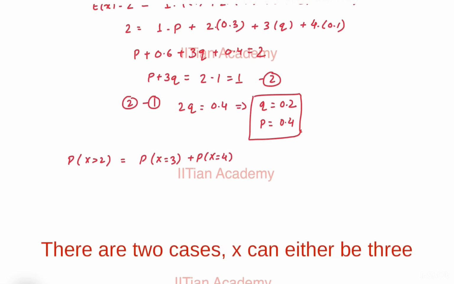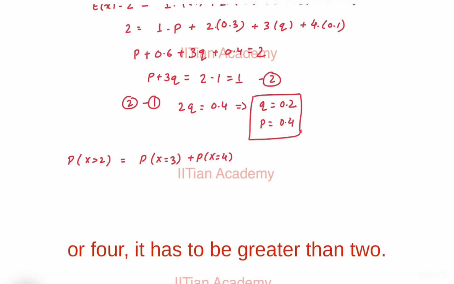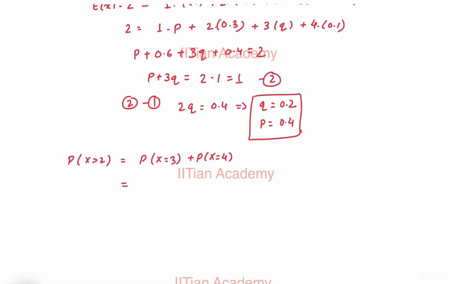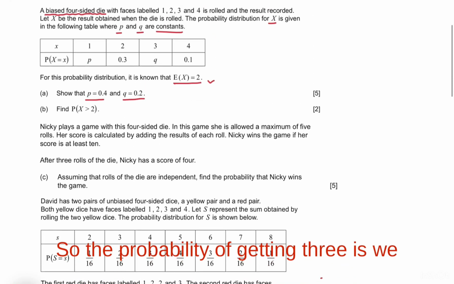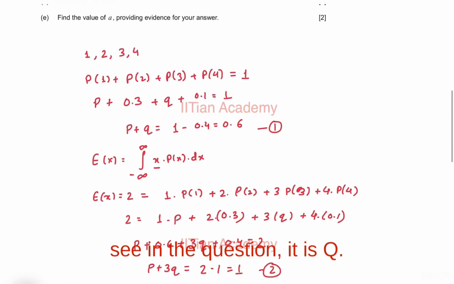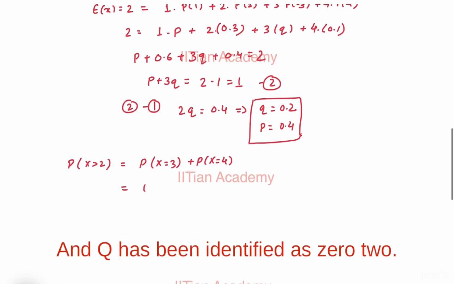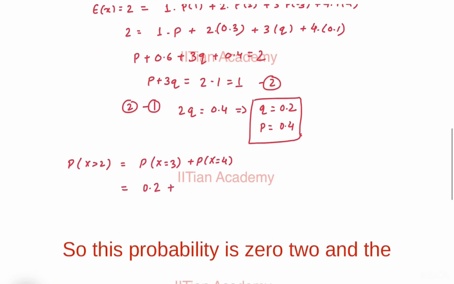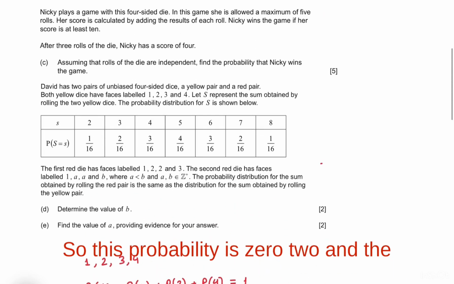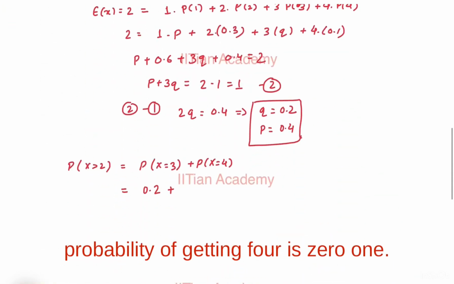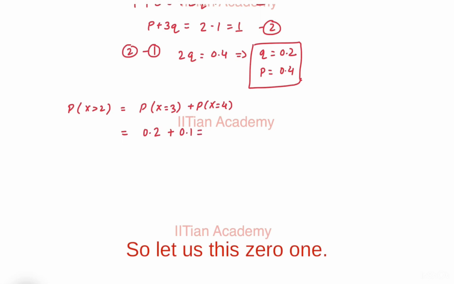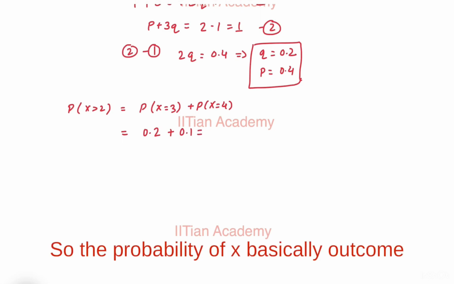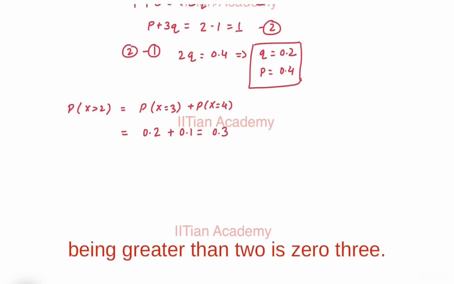There are two cases. x can either be 3 or 4, since it has to be greater than 2. So the probability of getting 3, we see in the question, is q, and q has been identified as 0.2. And the probability of getting 4 is 0.1. So let us add this 0.1. So the probability of the outcome being greater than 2 is 0.3.